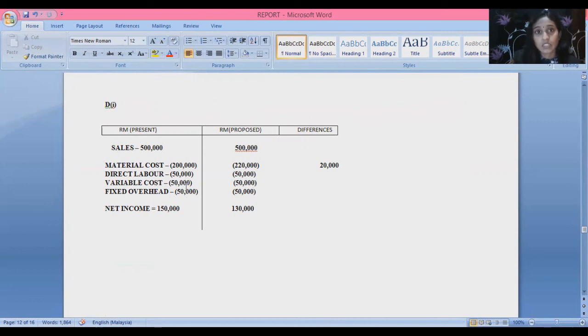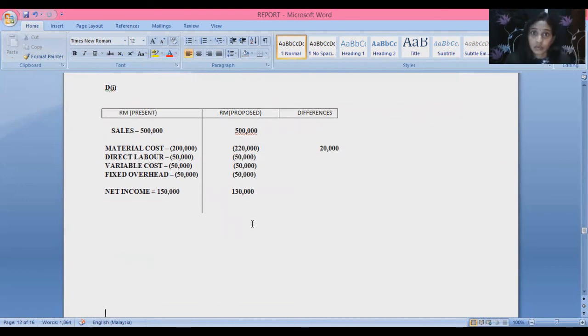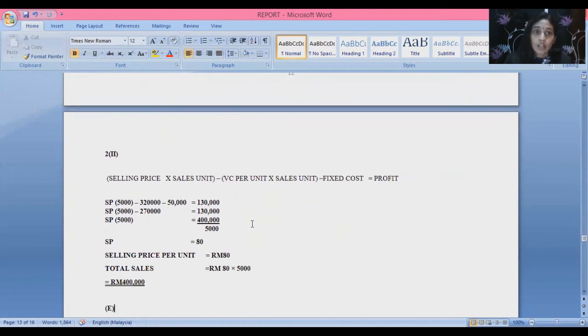So this remains the same. So the net income will be 150,000 and for the proposed you get different, which is 130,000.